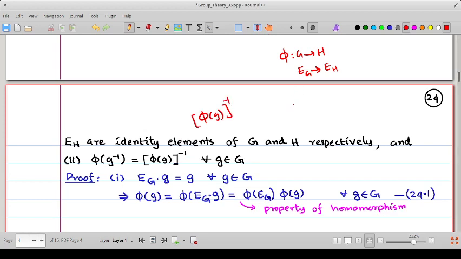So we have the following mapping. This is group G, and this is group H. We have an element g in group G, and under the mapping phi, it gets mapped to say phi(g).